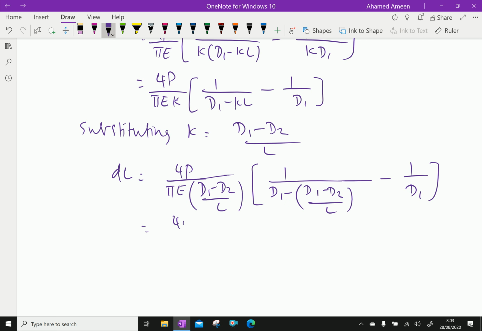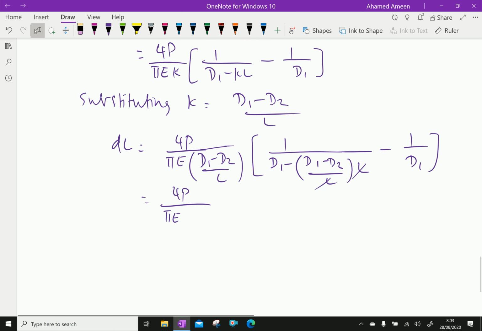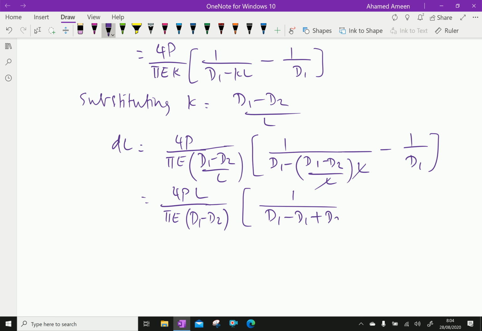The L in the denominator goes up: 4PL over pi E (D1 minus D2), now which is 1 by D1 minus D1 plus D2, minus 1 over D1.